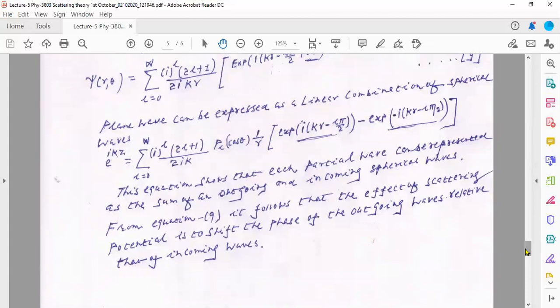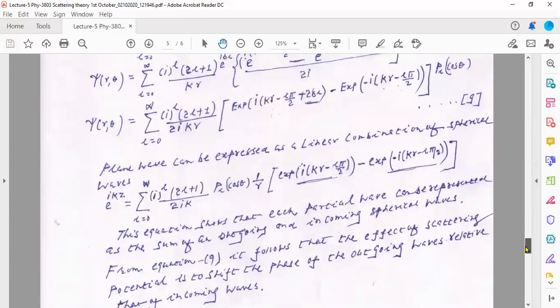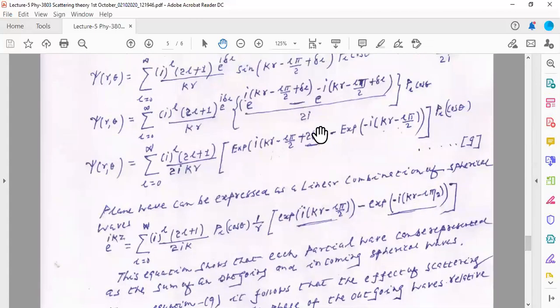This is the effect of potential, and the change in phase is characterized by this phase shift factor, 2 delta L. You know that there is a change in the radial part because it experiences a potential, and this is characterized by the phase shift, which we have discussed.